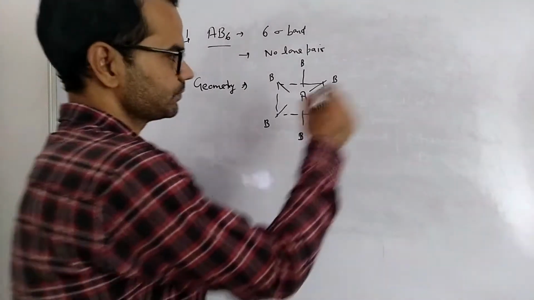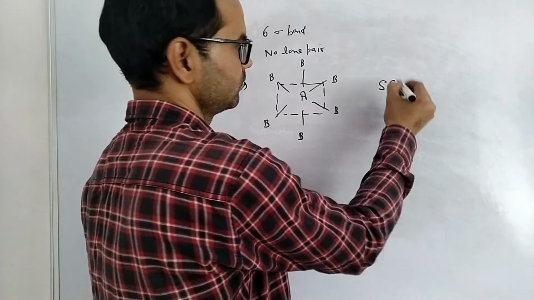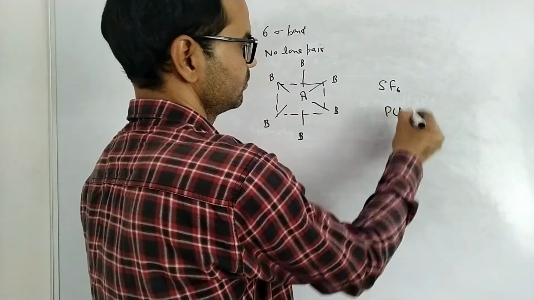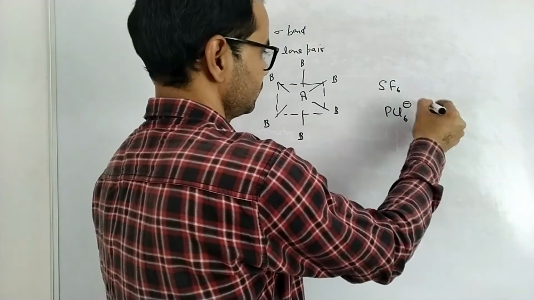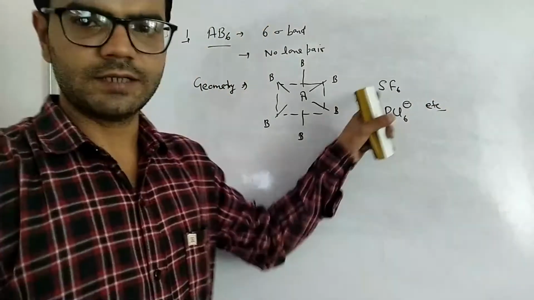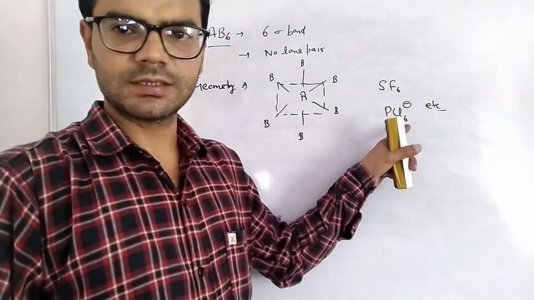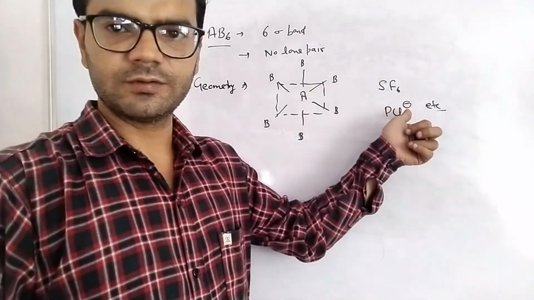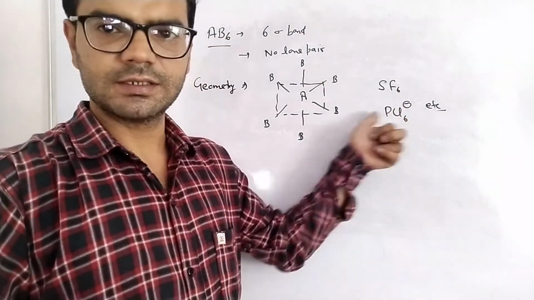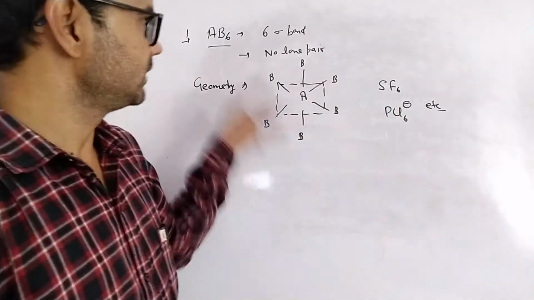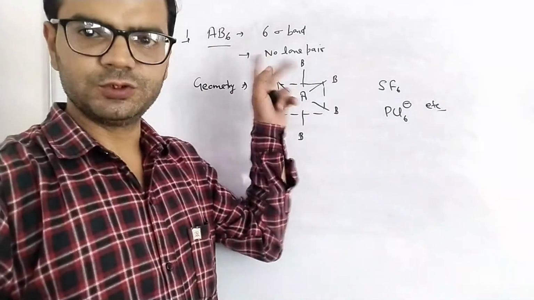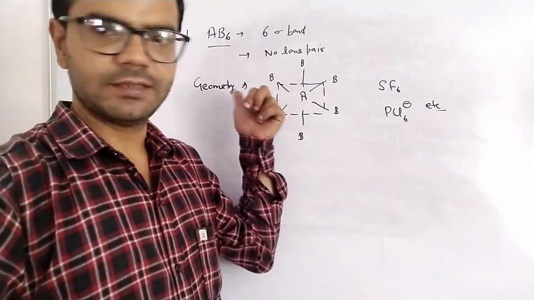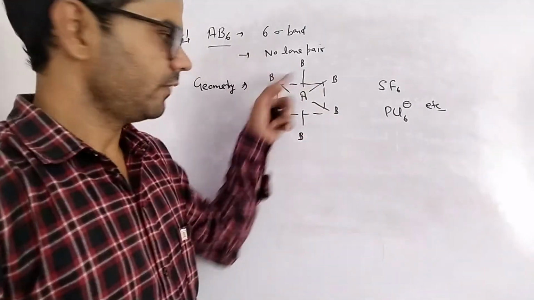Examples: SF6, PCl6 with a negative charge. Phosphorus has 5 electrons, 1 electron comes from the negative charge, so 6 electrons are shared. So hybridization is sp3d2 and geometry is bipyramidal square planar. That is the first possible case.